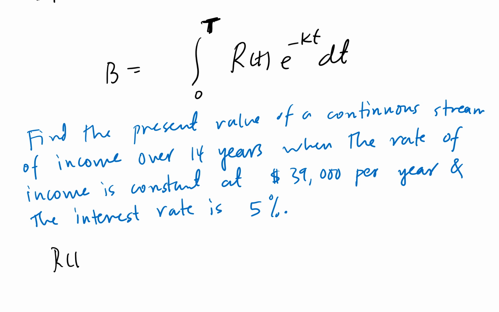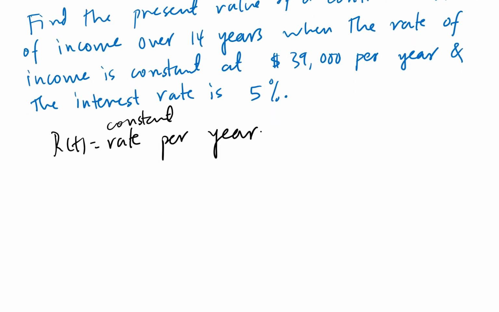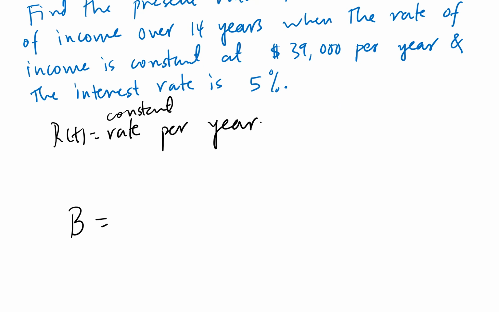Again, r of t is the constant rate per year. They're asking for the present value, so we give you the formula.